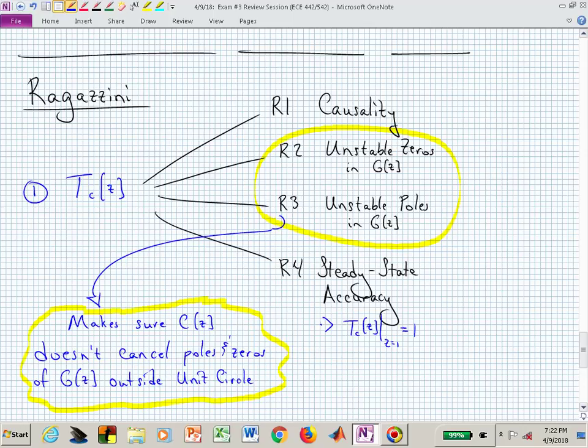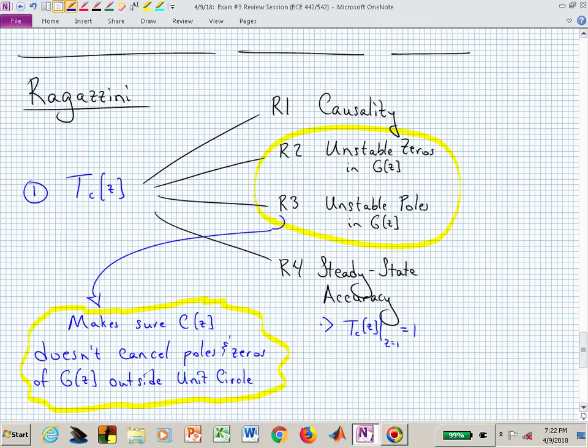What are you doing with the pole zero excess from restriction 1 of T sub c of z? What are you comparing it with or making sure it's at least the plant's? The original system has a pole zero excess.